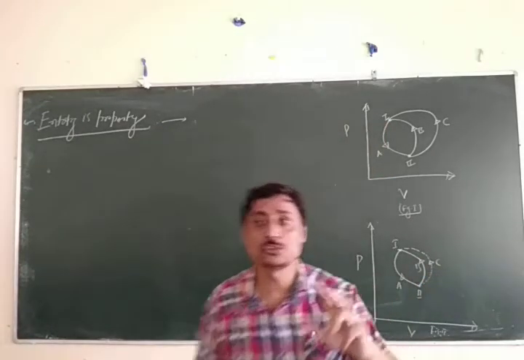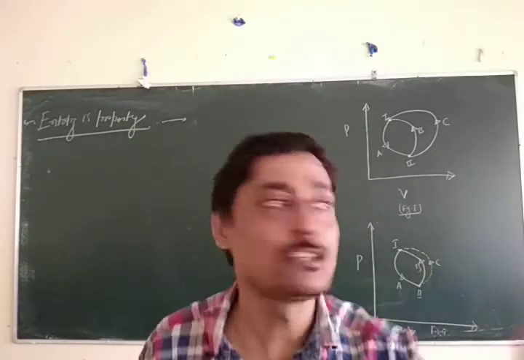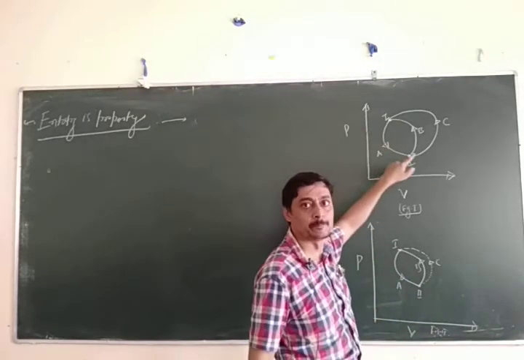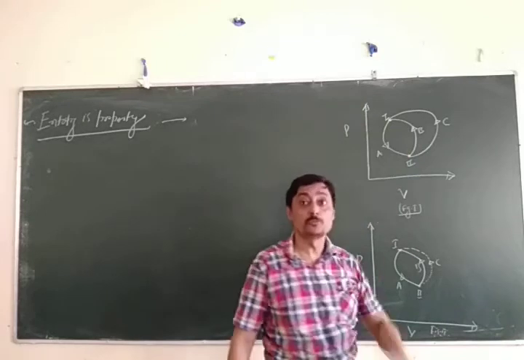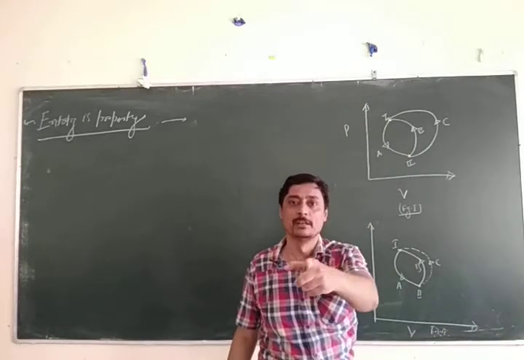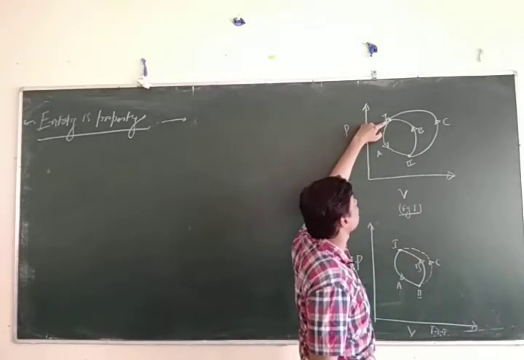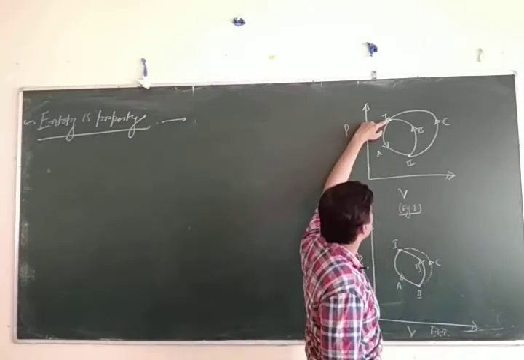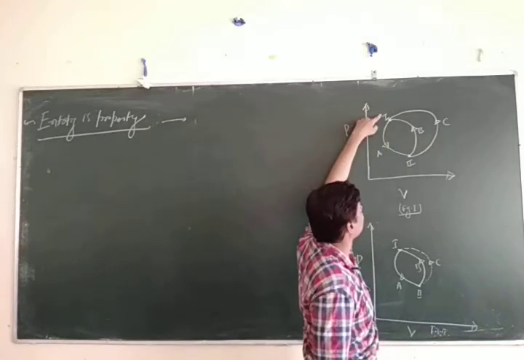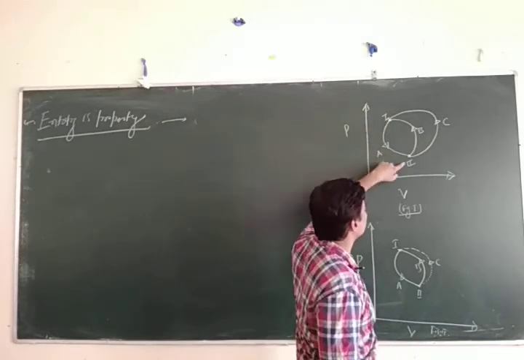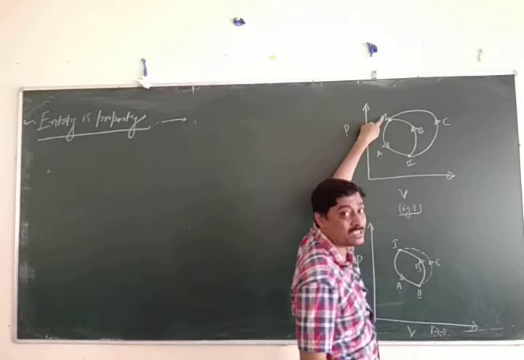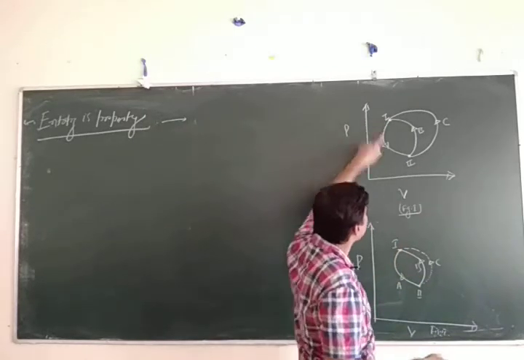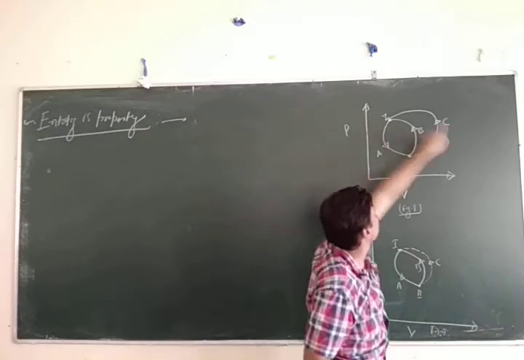This cycle consists of two reversible processes. That's why this cycle is called a reversible cyclic process. Another cycle is 1A2C1. Once again, this is another cyclic process. In this cycle, once again, there are two processes, 1A2 and 2C1.